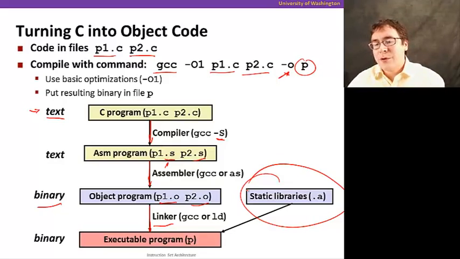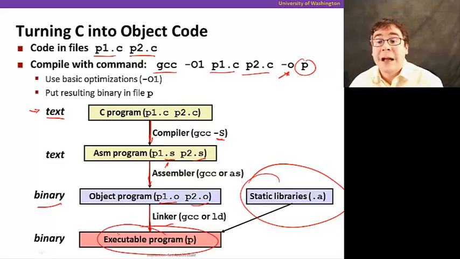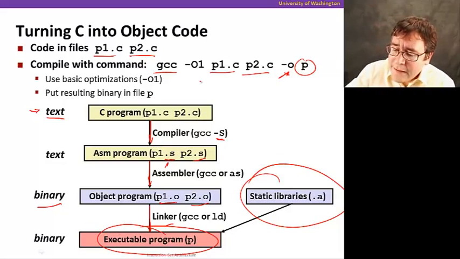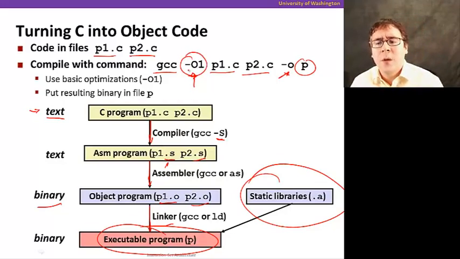This all resides in libraries. The linker gets together the object program, links it with the libraries, and produces a final executable program. That's what you can type and run in the command prompt. Okay. And in this case, we're also using an optimization. This -O1 here is just telling the compiler, hey, apply some optimizations to our code when generating it.